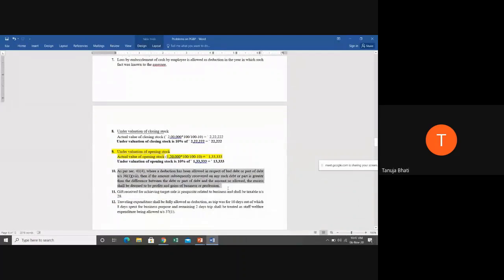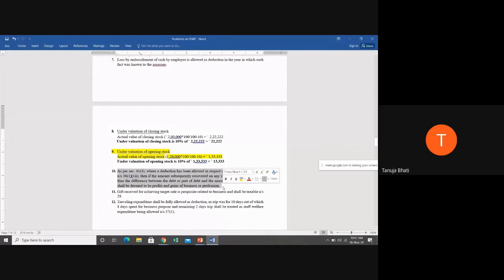So we have seen as per section 41 subsection 4, where a deduction has been allowed in respect of bad debts or part of debt which is allowed under section 36(1), then if the amount is subsequently recovered on any such part, or a part is greater than the difference between the debt or the part of debt and the amount so allowed, the excess shall be deemed to be profits and gains of business or profession.